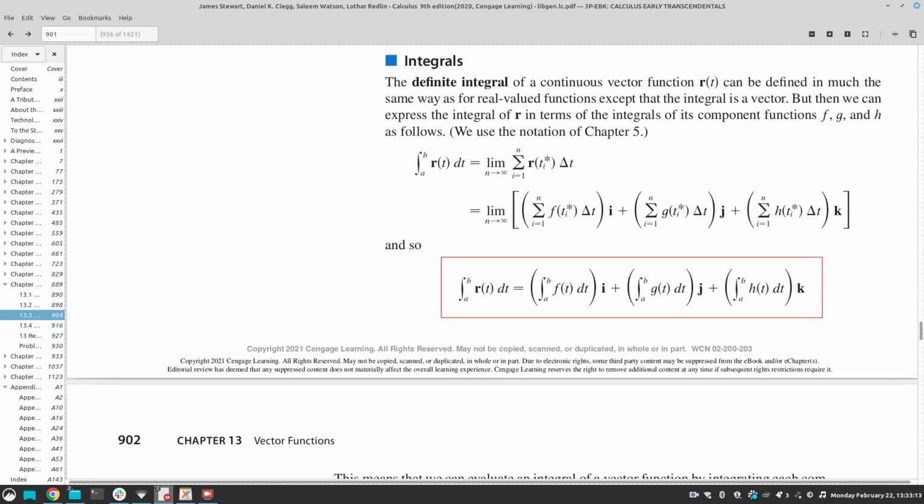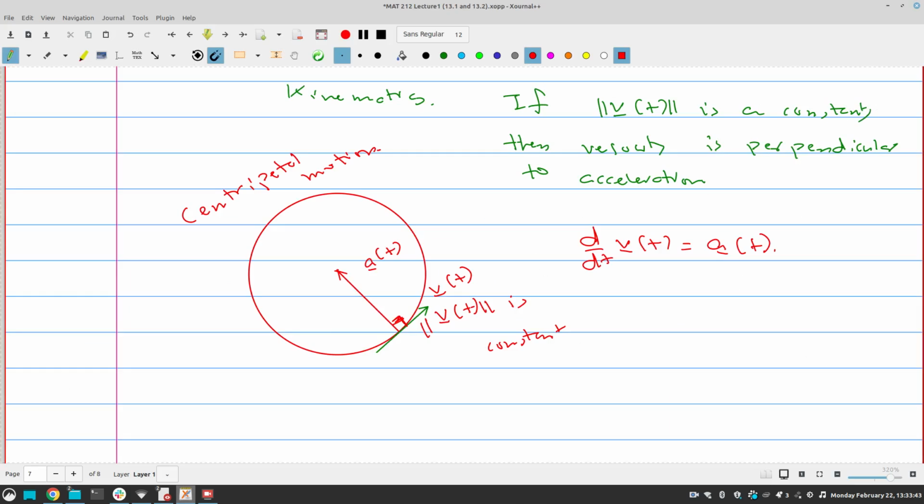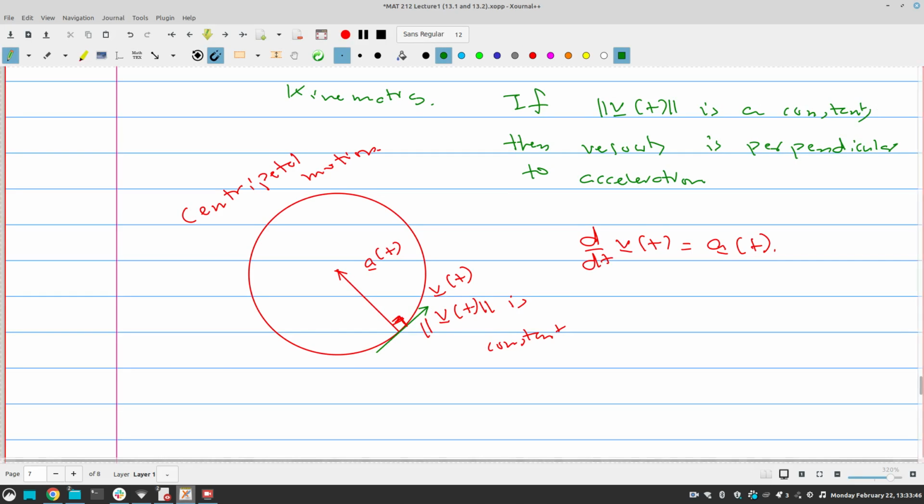Let's say you have a vector function that has three component functions. If you recall, the integral of a function is given in terms of Riemann sums. So what do I mean by that?